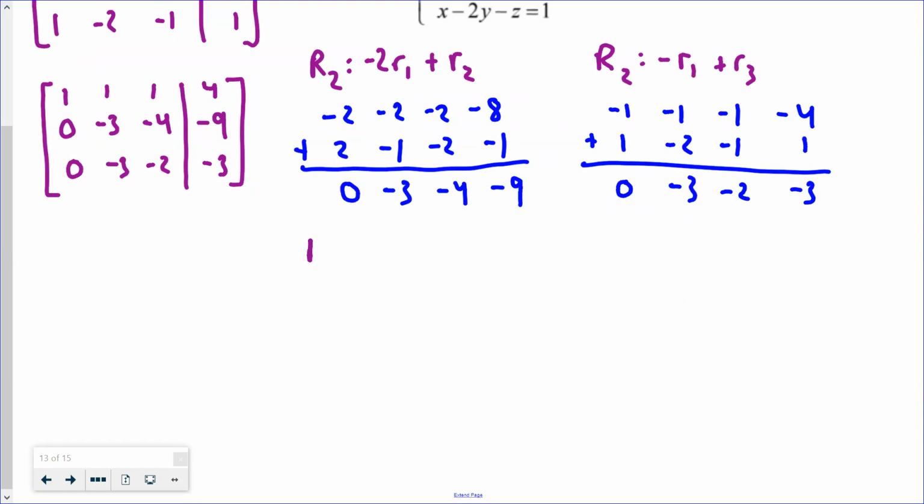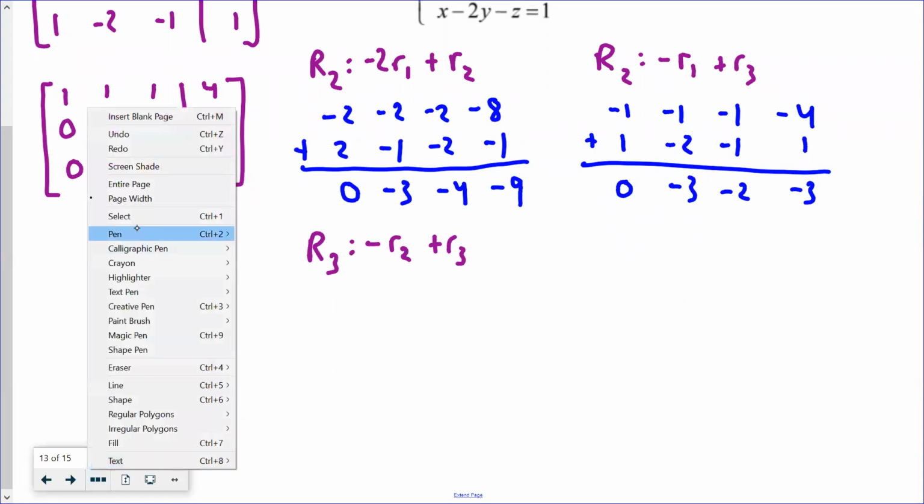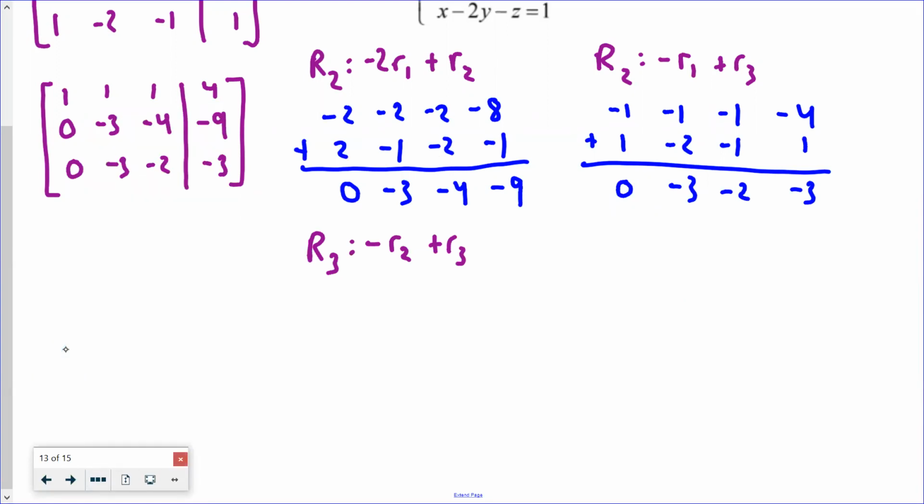So I'm going to do this one real quick. I'm going to get a new row 3. The way I'm going to do that is I'm going to take a negative row 2, and then add it to row 3. So if we just rewrite row 2, but times everything by negative, that just makes everything positive.